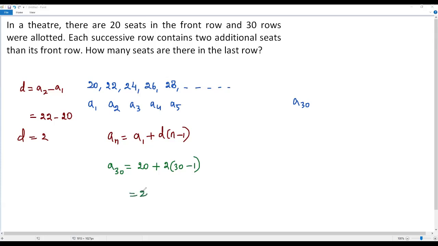We get 20 plus 2 times 30 minus 1, which is 29. Then I'm getting 20 plus 2 times 29, which is 58. When I add 20 and 58, I'm getting 78. Okay, now I got the value of A30, that is the 30th term, that is 78. That is, there are 78 seats in the 30th row, or there are 78 seats in the last row.